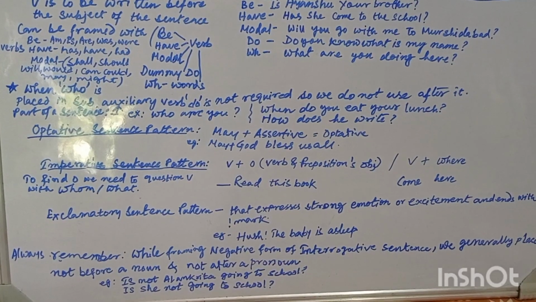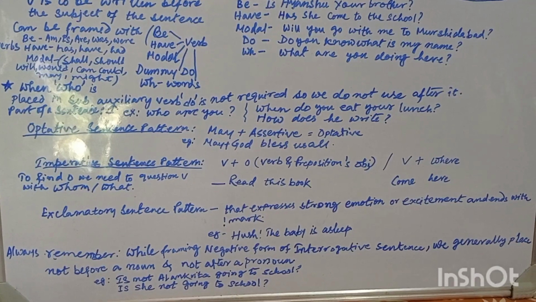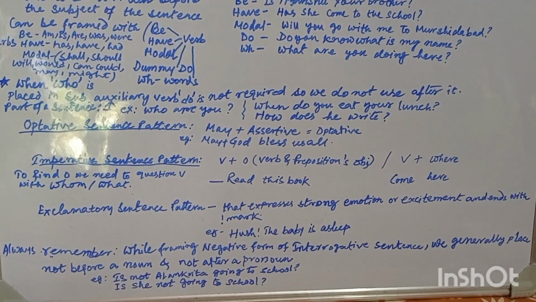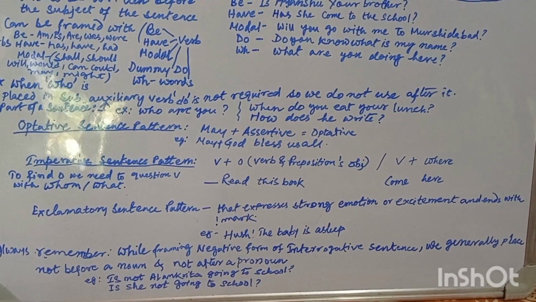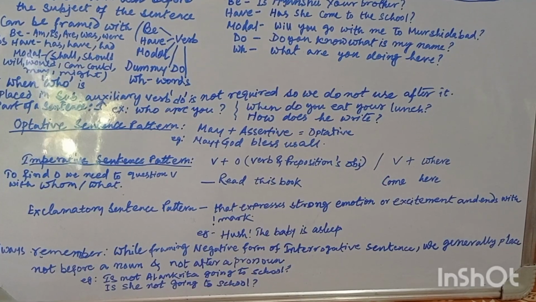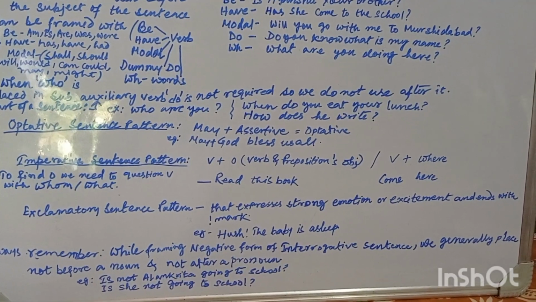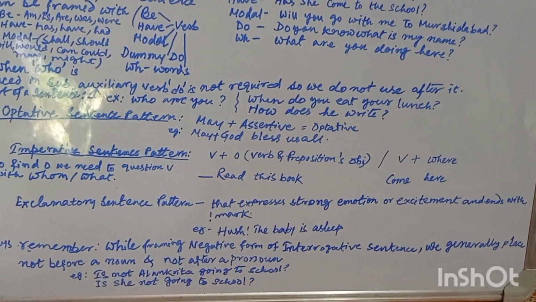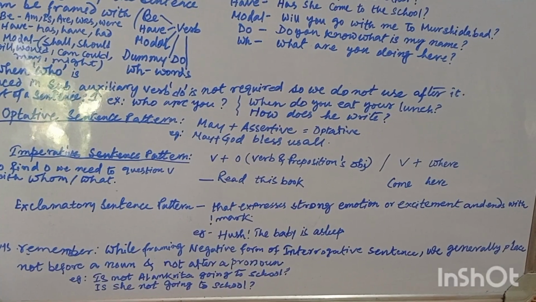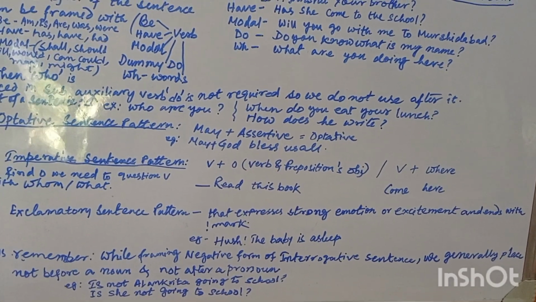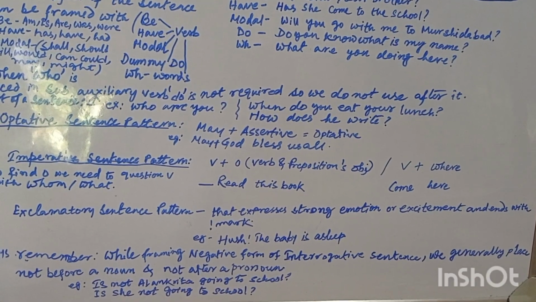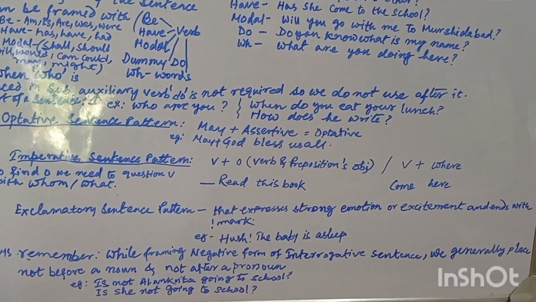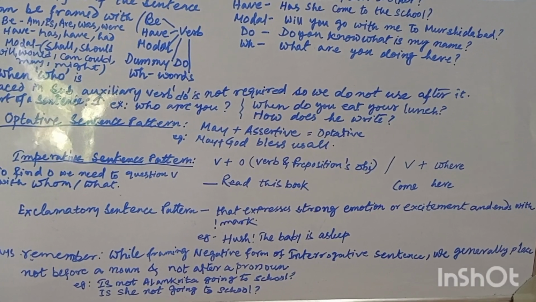Last but not least is the exclamatory sentence pattern. In an exclamatory sentence, what do we find? That it expresses strong emotion or excitement and ends with an exclamation mark, isn't it? Let's take an example. By seeing the example, it will be much clearer. See, I have written hush, the baby is asleep, and after hush I have used the exclamation mark.